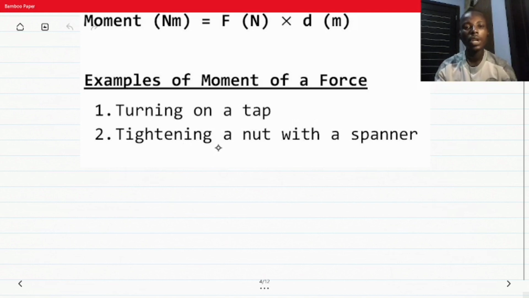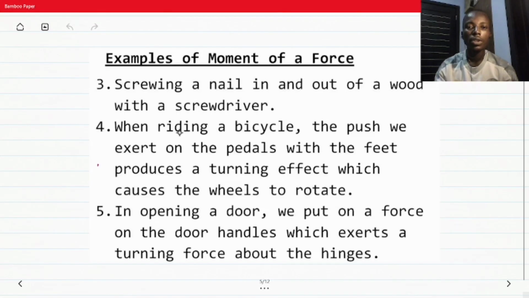Moment of a force is seen in the turning on or off of a tap. When we turn on a tap, we are actually putting the principle of moment into work. Tightening a knot with a spanner is another example. Screwing a nail in and out of a wood with a screwdriver is another example.